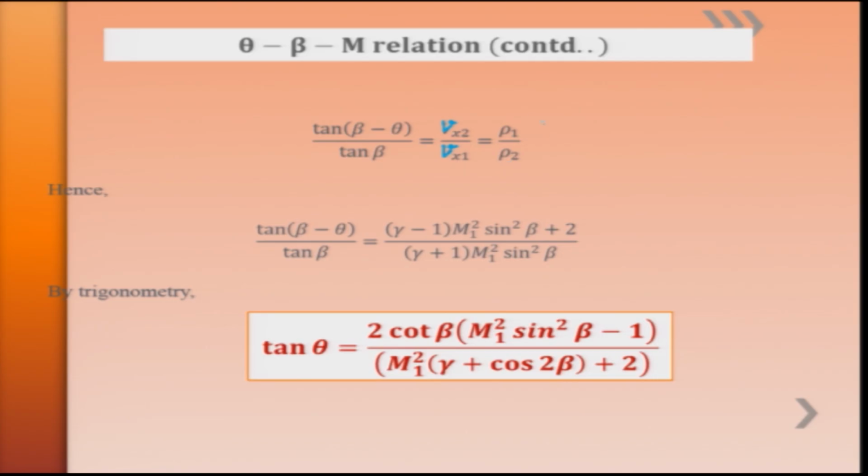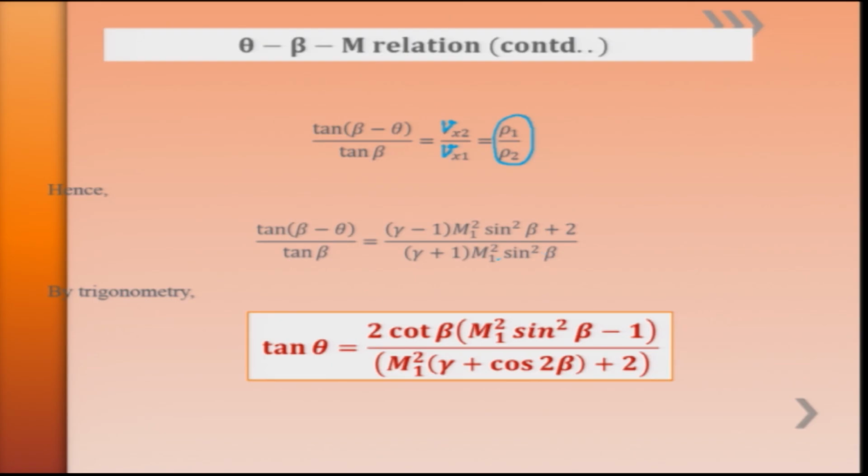Now this rho 1 by rho 2 is the static density ratio which we have already derived for the normal shock as well as the oblique shock wave. Writing this on the right hand side, I can write the full equation as tan of beta minus theta upon tan beta is equal to (gamma minus 1) M1 square sin square beta plus 2, upon (gamma plus 1) M1 square sin square beta.